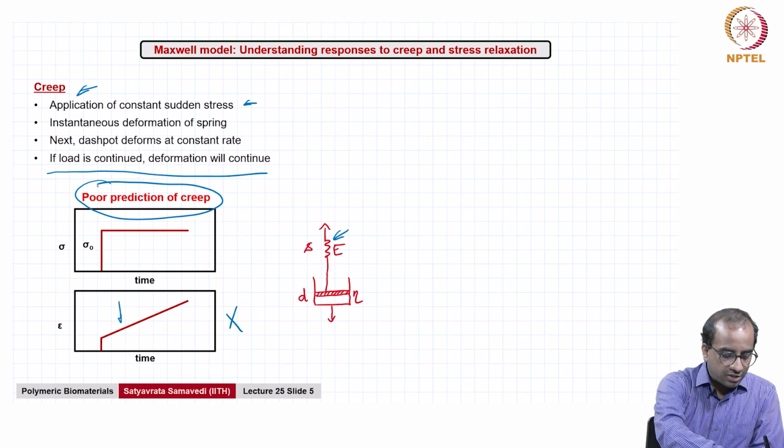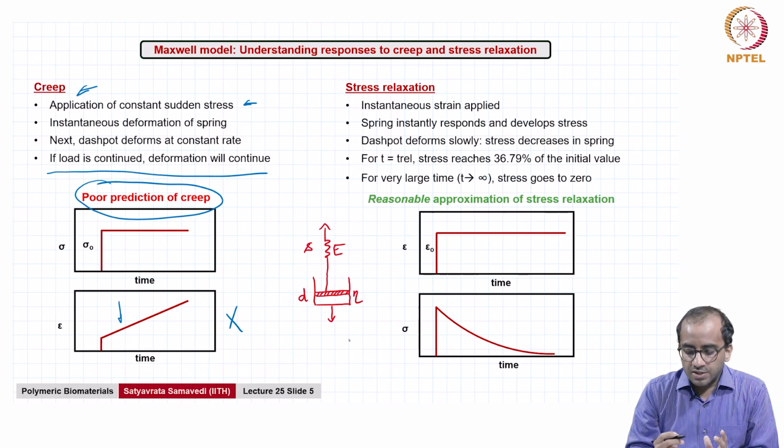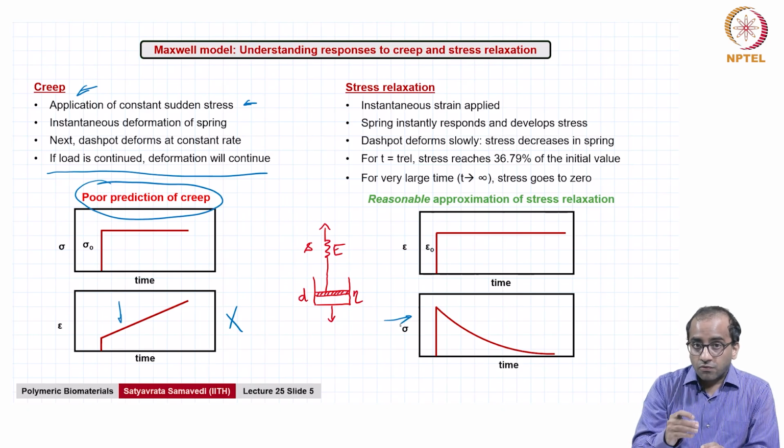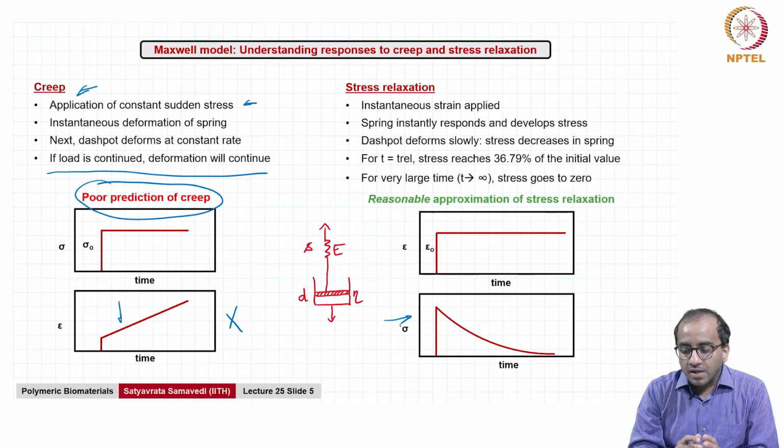Now, for stress relaxation, when instantaneous strain is applied, the spring will respond instantly and develops the stress as shown here, and then over time the dashpot starts to deform slowly, taking over the response essentially from the spring.